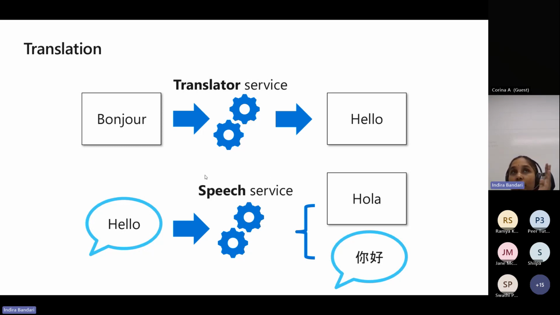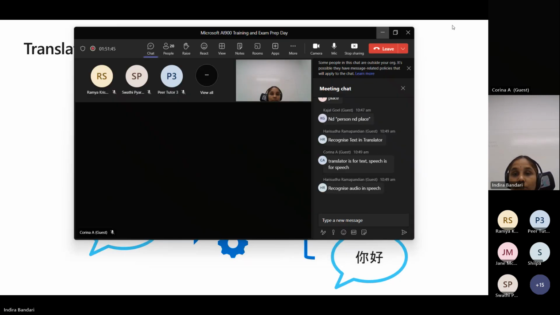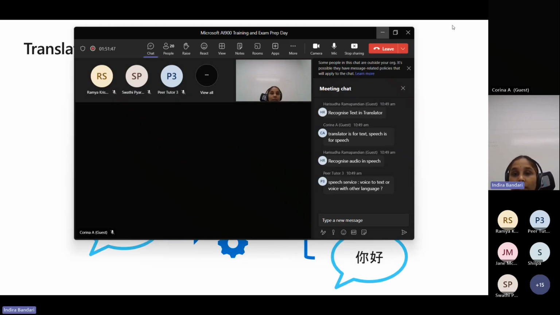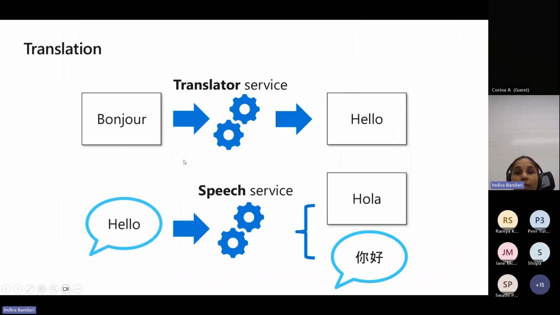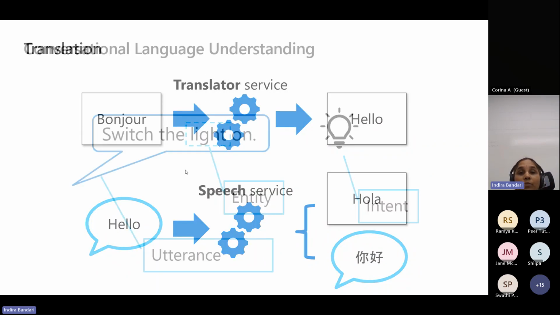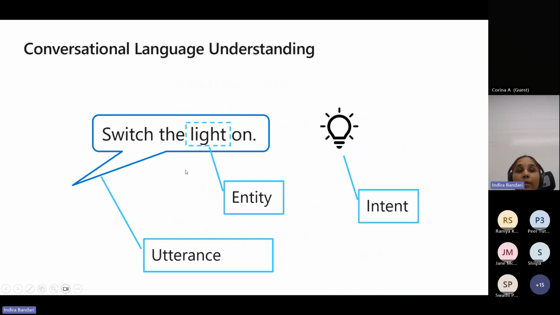In speech service, you have speech to text and text to speech. That's the difference I'm trying to let you know here. Did you get it, or shall I explain again? Yes, speech service, voice to text. Yes, that's really good. It's good that you got it because these kind of tricky questions will be asked in the exam. So that's the reason I'm trying to stress it.